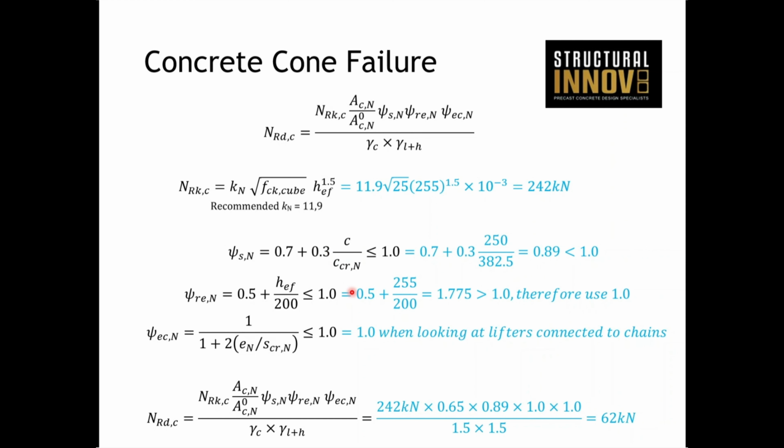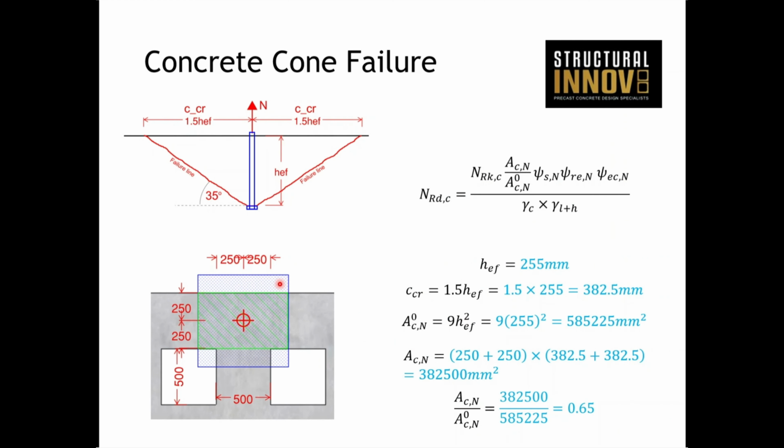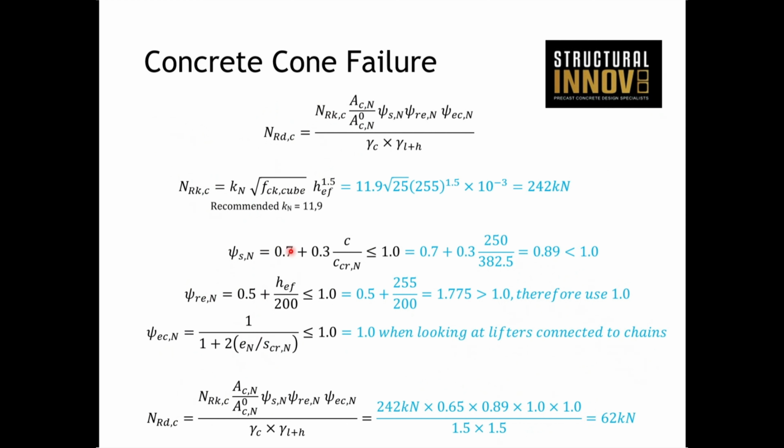Because we are close to the edge, we have not reached our critical edge distance. So as well as an area reduction, we have an edge reduction, and it's a function of the actual edge distance divided by the critical edge distance. So again, we pump into our formulas here, and we get a 0.89 factor.